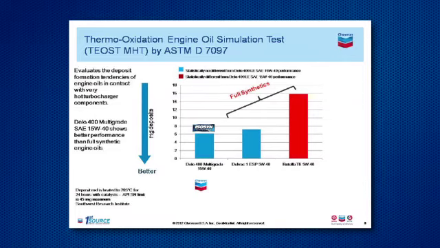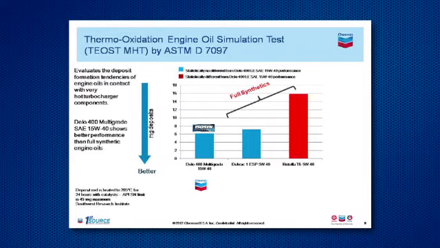Now what this test tells me is they run it at 285 degrees Celsius, so it's a very high temperature test. What it helps correlate with is piston deposits and turbocharger deposits. So when you have those more high-performing engines, it'll give you an idea of whether this oil is directionally going to cause more deposits or fewer deposits.